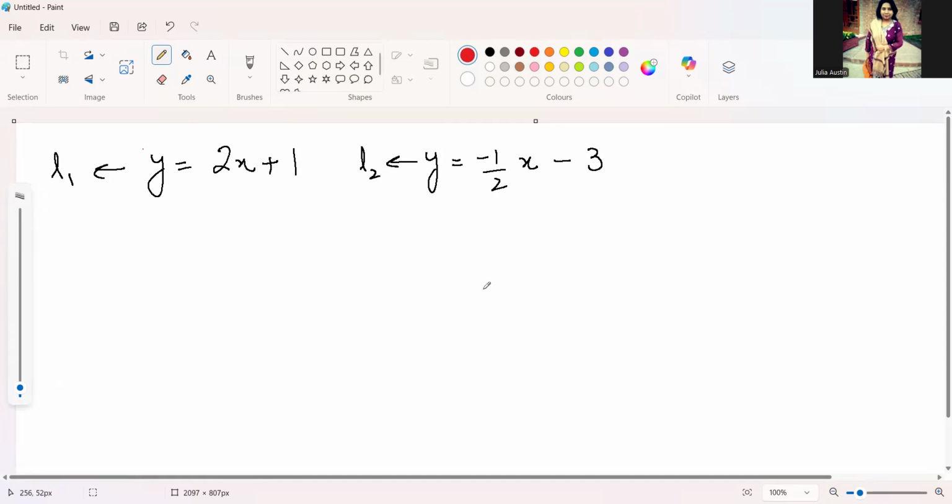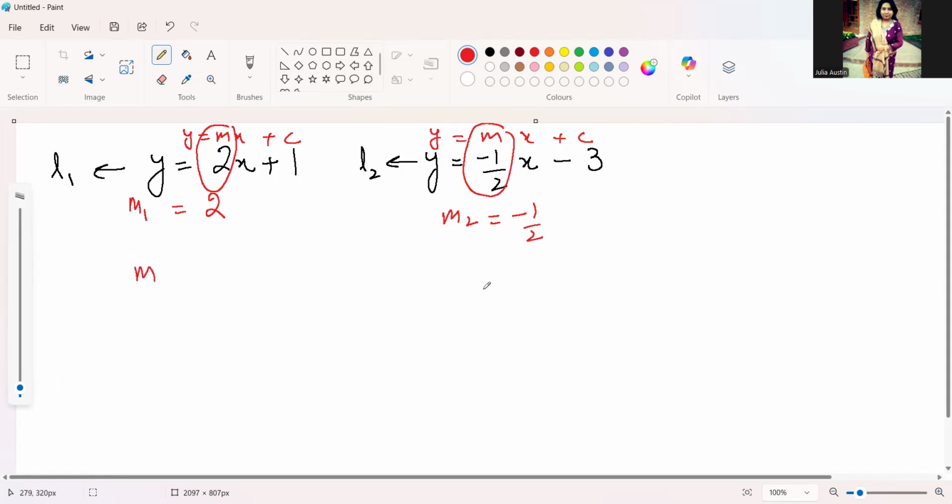The gradient from line 1 will be m1, the gradient from line 2 will be m2. I need to compare this with y = mx + c, and this with y = mx + c. So I can easily see that m is 2, so the first gradient is 2. I can easily see that m is equal to -1/2.